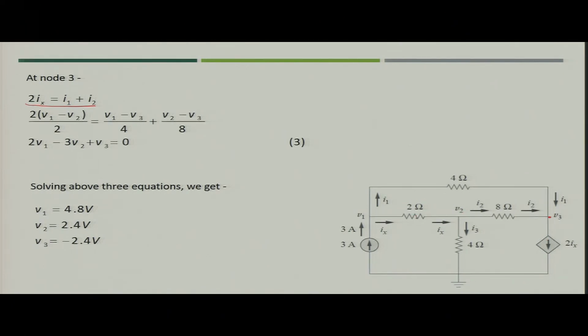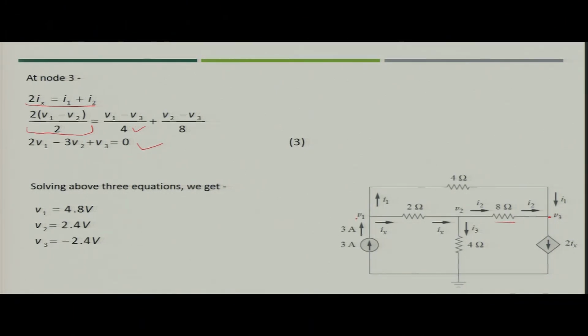So, you will just place the value of Ix in this dependent current source. You will get 2 Ix is nothing but 2 into V1 minus V2 by 2, and then I1 is nothing but V1 minus V3 by 4, and I2 is V2 minus V3 by 8, right. So, you got another equation from node 3.